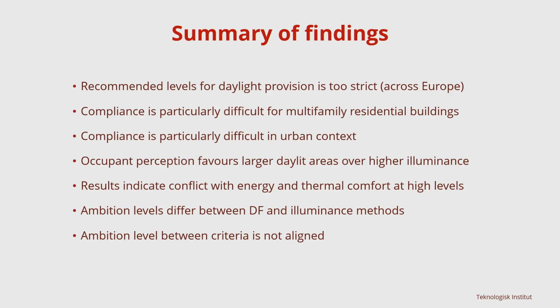So if you should try to sum up what we have found by initiating these studies, we can say that it seems like the recommended levels for daylight provision are too strict.